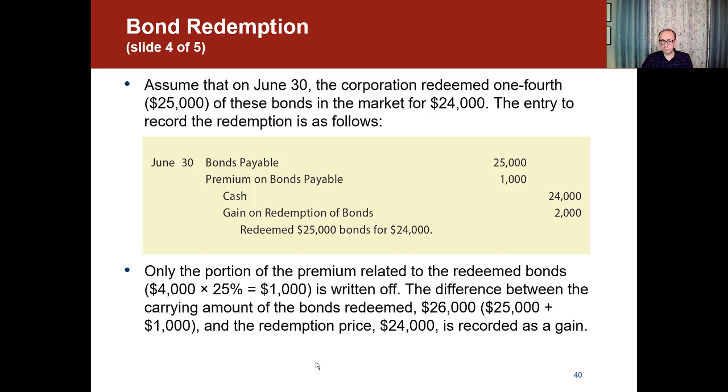Only the portion of the premium related to the redeemed bonds, which is the $4,000 multiplied by 25%, equal to $1,000, is written off. The difference between the carrying amount of the bonds redeemed, the $26,000, which is the 25 plus the 1,000, and the redeemed price, which is the $24,000, is recorded as a gain, which is equal to the $2,000.